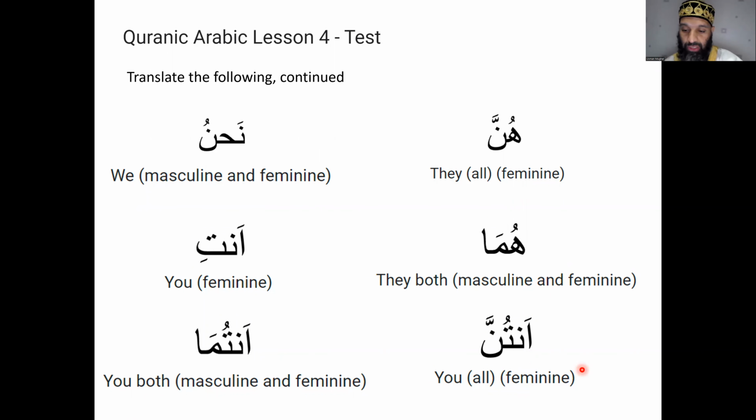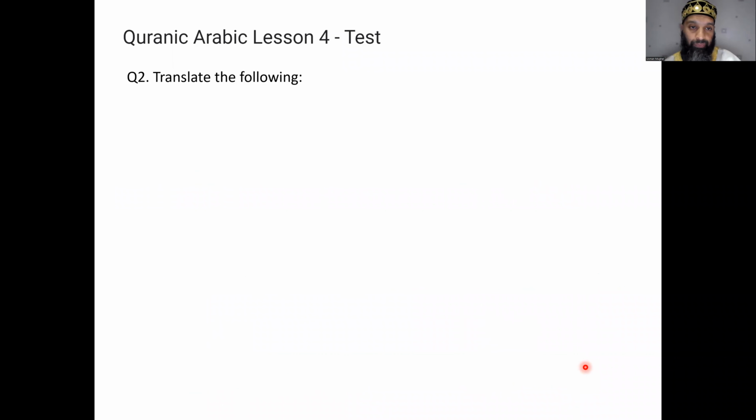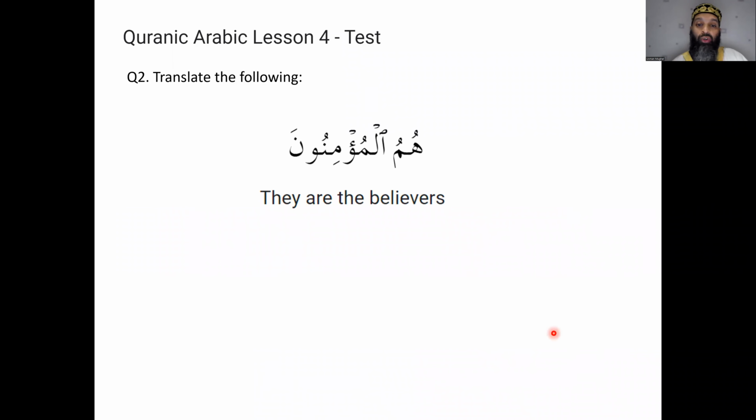So it was just a matter of learning those words. These are the separate pronouns, meaning they occur by themselves. They're words in themselves. Translate the following. Humul mu'minuna. So hum. But because you have a sukoon here, a jazm, and another sukoon here, in Arabic you don't have two sukoons coming together.